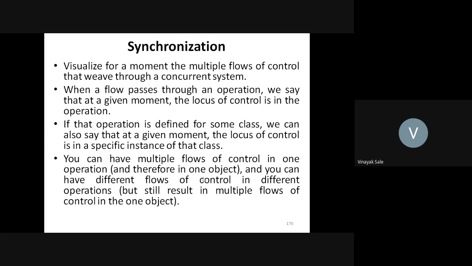If that operation is defined for some class, you can also say that at a given moment the locus of control is in a specific instance of that class. You can have multiple flows of control in one operation, and you can have different flows of control in different operations.